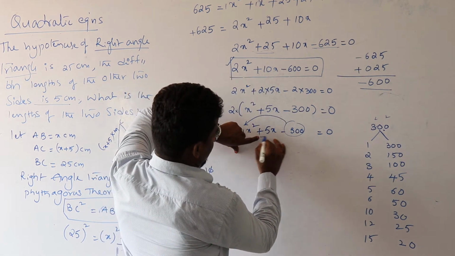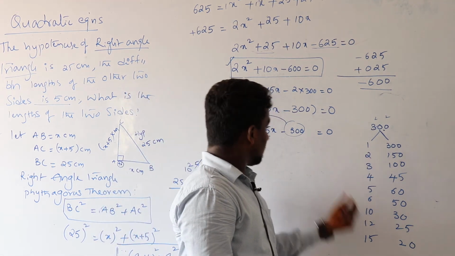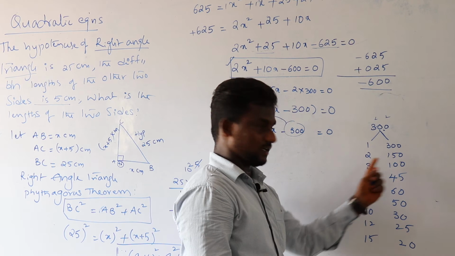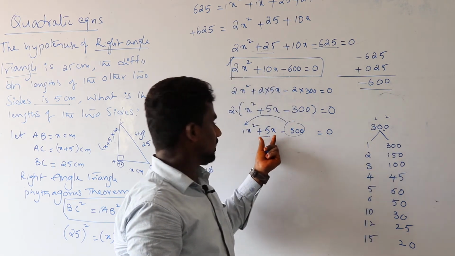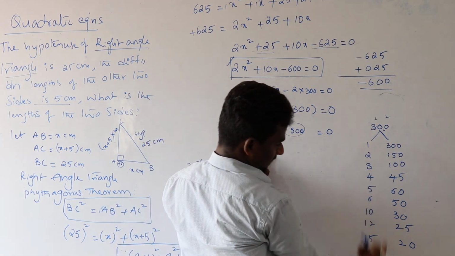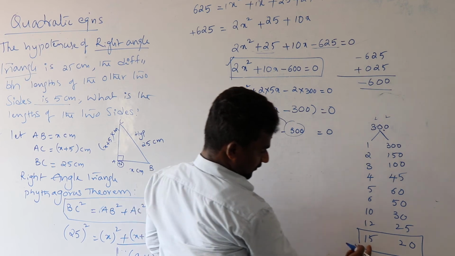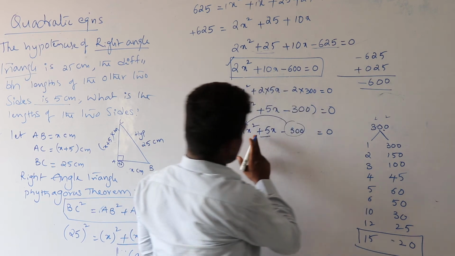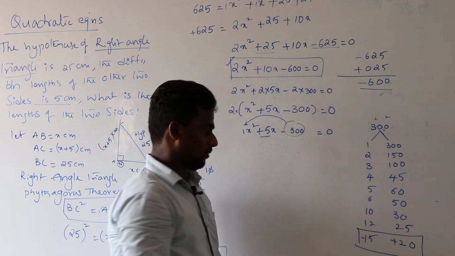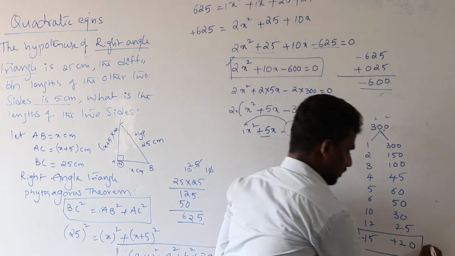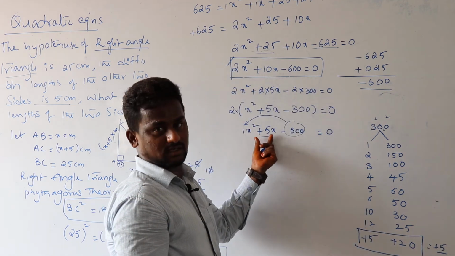Here the middle number is 5. Among the factors, we need two factors whose addition should be equal to 5. Which one is correct? This one: 15 and 20. Since plus 5 is there, plus 20 minus 15 equals plus 5, which equals the middle x term.